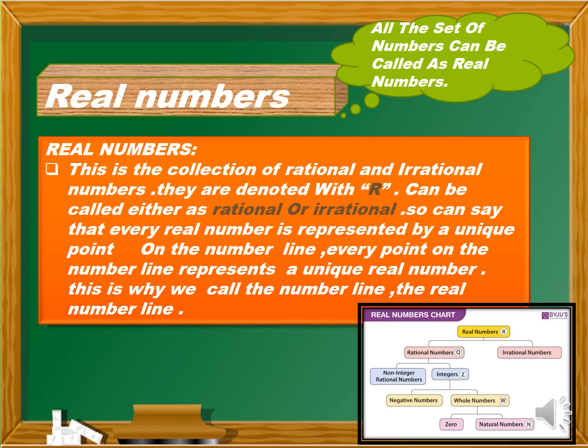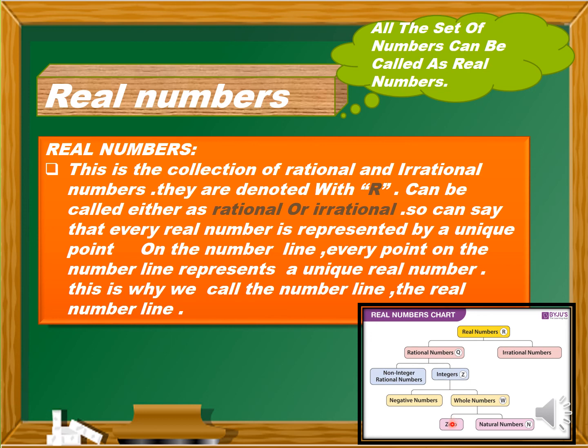Next, you can see the flowchart of real numbers. Real numbers are divided into two, that is rational and irrational. Rational can have natural, whole, integers on the numerator as well as denominator. Integers are divided into two, negative numbers and whole numbers. Whole numbers are divided into two, 0 and natural numbers.